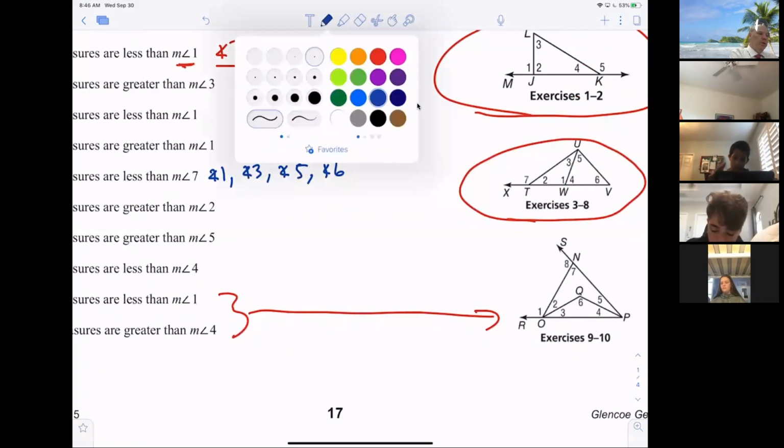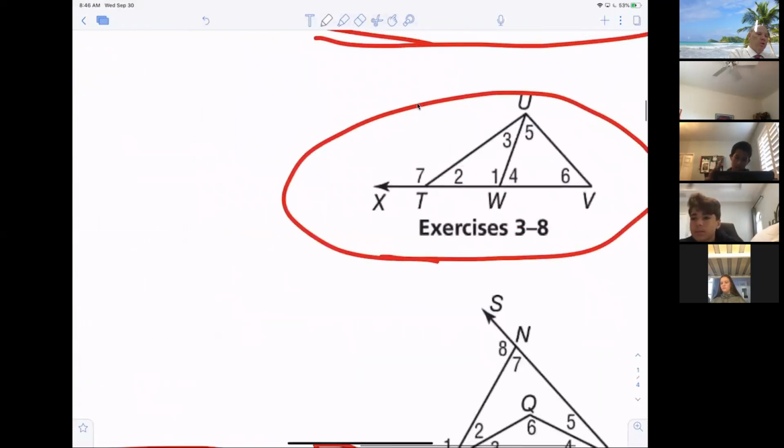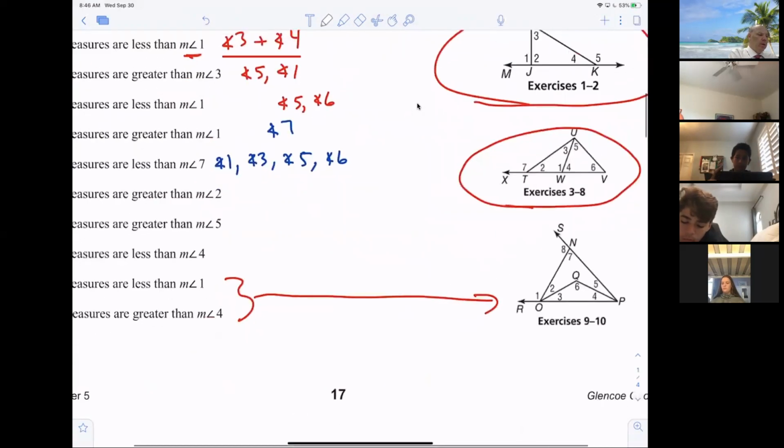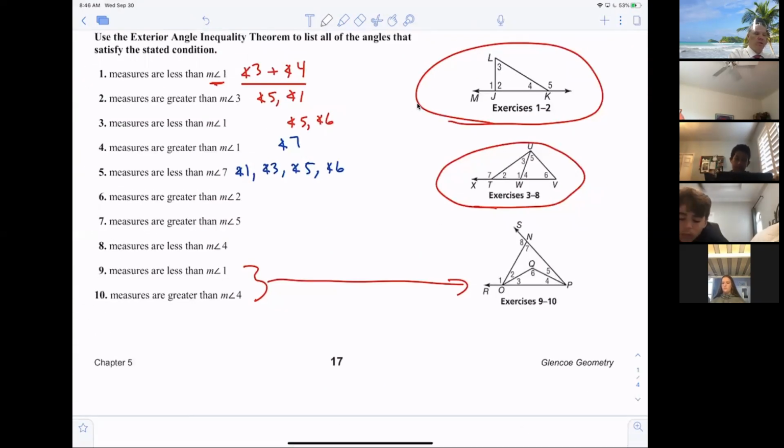Watch me draw this. If I get rid of that line right there, yep, that's the hardest thing. And again, on the test, that's what you have to visualize. You have to see all possibilities. And that extra line there is annoying. So if I put that back and now I eliminate this, now you can see. All right, good job. All right, let's figure out the measures that are greater than angle 2.